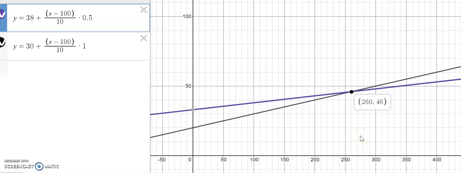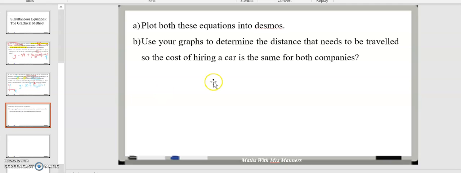So the graphical method here is that we've graphed both the lines and we're able to find a simultaneous solution of both of these equations. That simultaneous solution is when the x value is 260 and the y value is 46. Now let's go back and see if we've answered the question. What is the question?